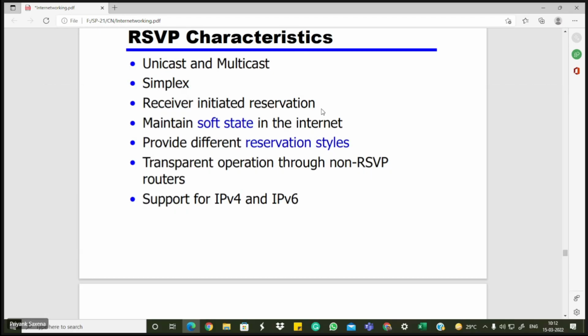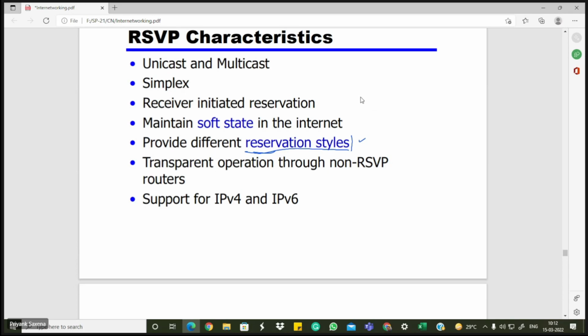And it is receiver initiated, the reservation is made by the receiver, and it uses different reservation styles. There are around 12 different styles. It is given in 4 of them. Since time is less, I am not going into this, like the wild card and other things, right?